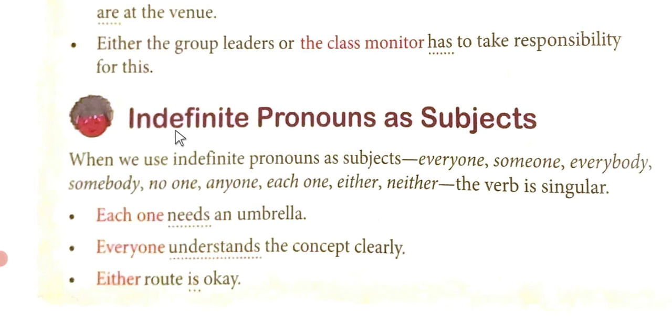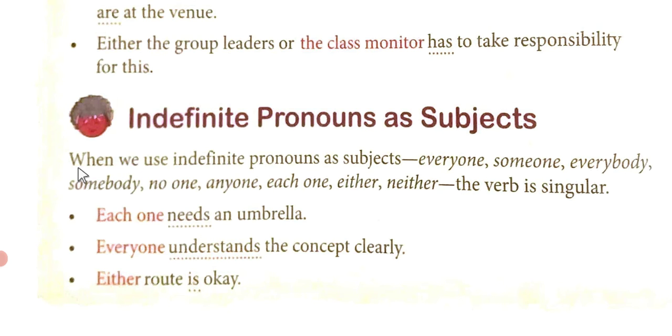Now, see indefinite pronouns as subject. All of you know about pronouns. What is a pronoun? The word which is used in the place or instead of a noun is called a pronoun.